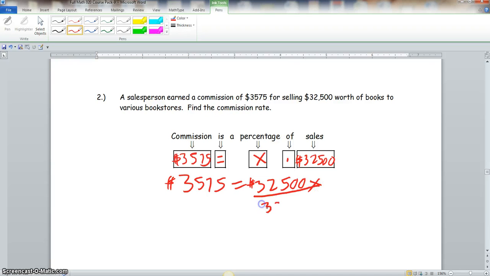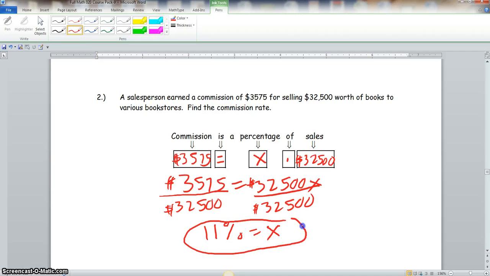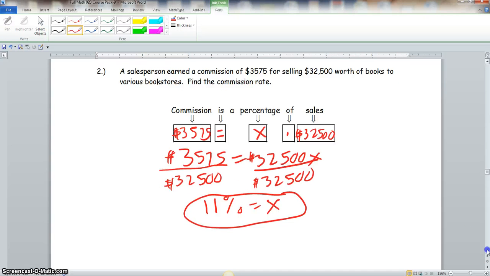So we divide these out by 32,500. Now, we'll put this in our calculator. We have 3,575 divided by 32,500, and that would give us 11%. That is our percentage for our commissions.